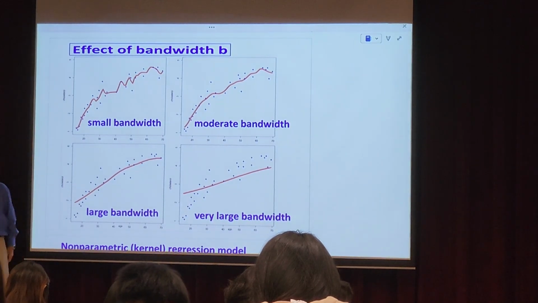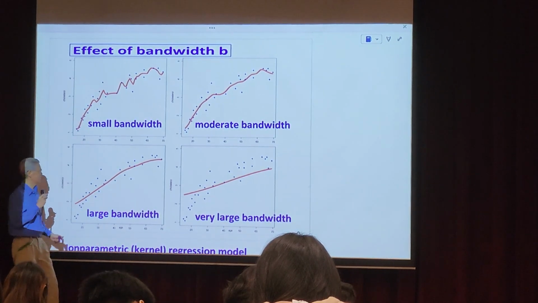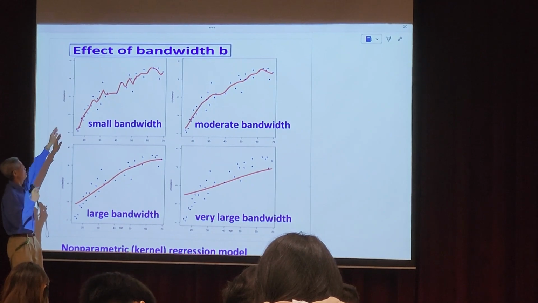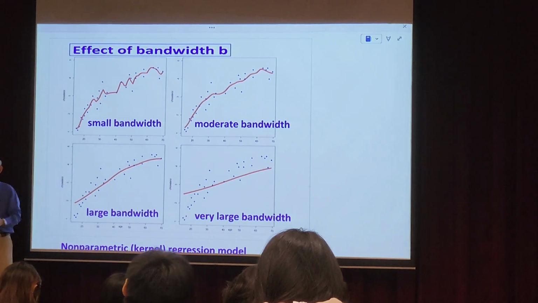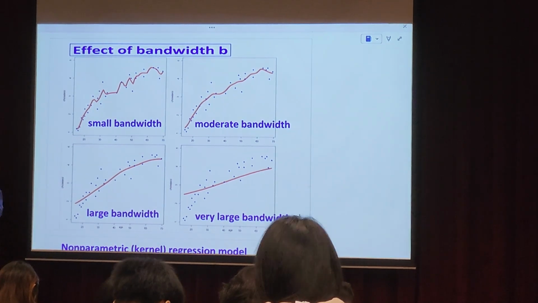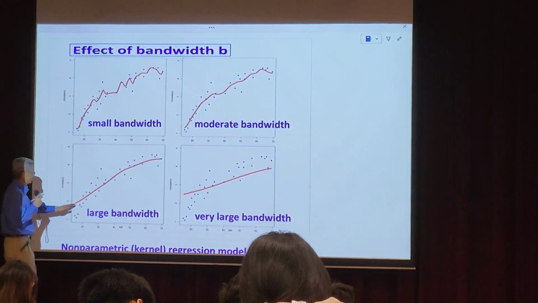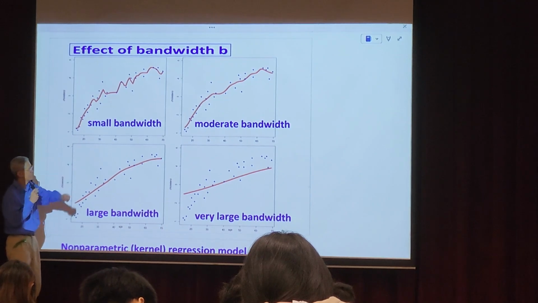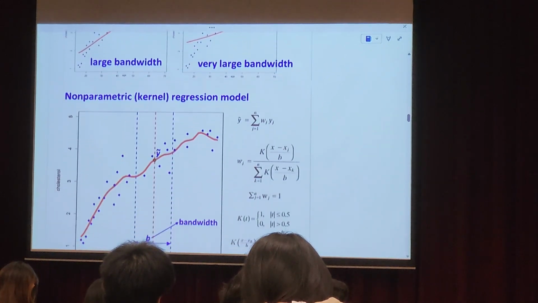You see or not? So, very large bandwidth, not a good idea. Small bandwidth, it fluctuates too much. It's just like fitting a polynomial that passes through every point. And so you got to somehow choose a moderate bandwidth. And this can be done by visual inspection, actually.